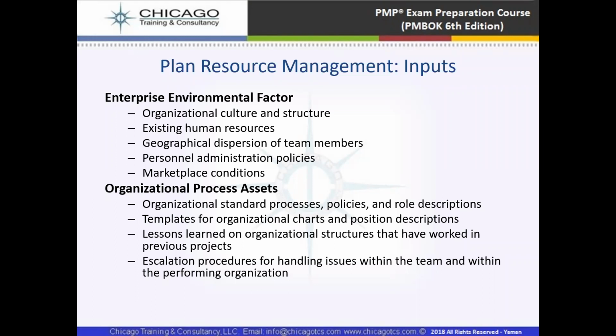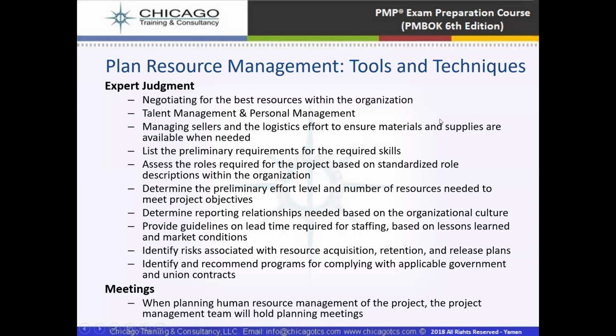These are all enterprise environmental factors. And then we have organizational process assets like policies, role descriptions, templates for organization charts, lessons learned, and escalation procedures for handling issues within the team and within the performing organization. So these are also inputs to plan resource management.